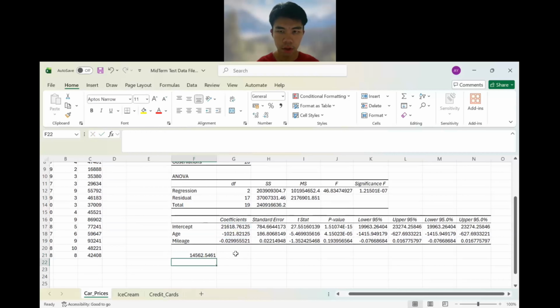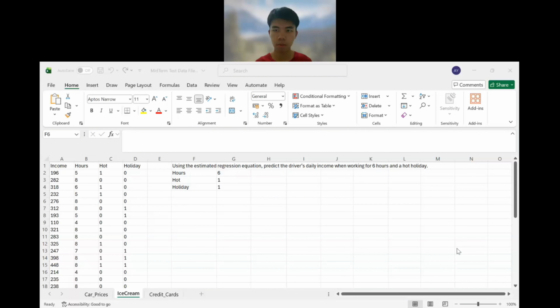So hit enter. The approximate price for a 5 years old sedan with 65,000 miles is 14,562.55.